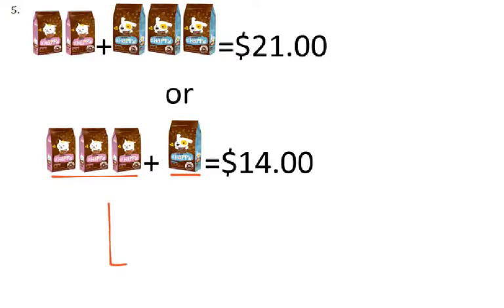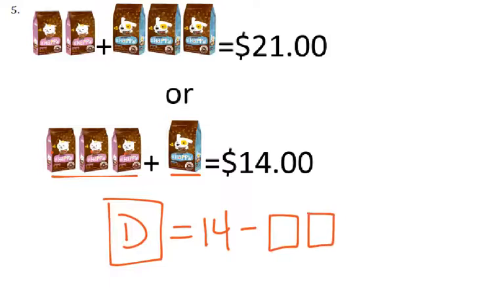Well, could I set it up so I had 1 bag of dog food was equal to something? Well, we know it's equal to $14, and if we knew how much each bag of cat food was, we'd just subtract that price from 14, right? So we could subtract the cat food, right? And now we know that 1 bag of dog food is equal to $14 minus 3 bags of cat food.